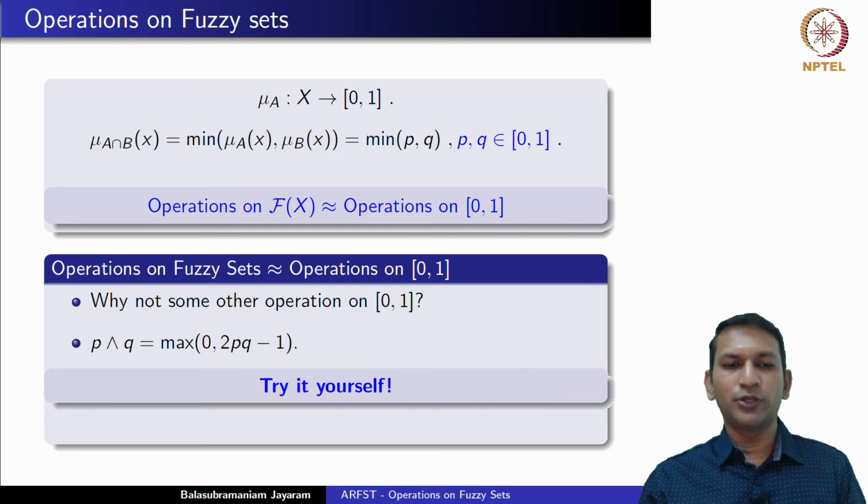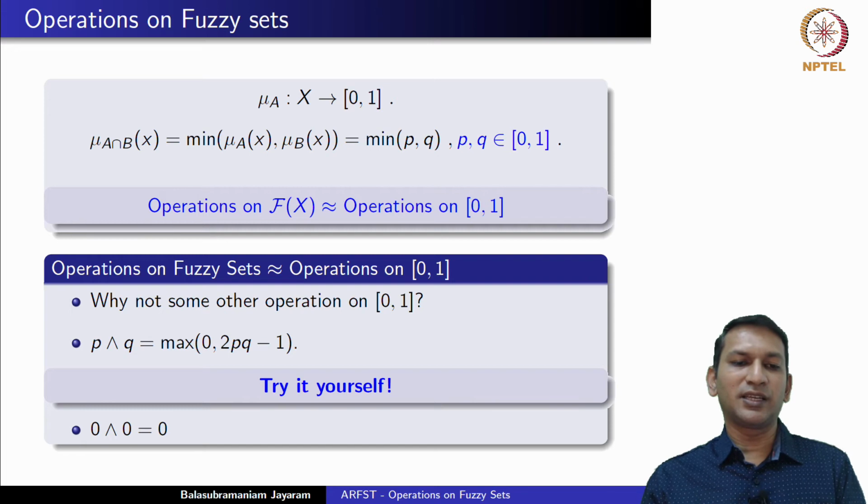Well, we hope you've had enough time to calculate the values for different P and Q. Let's consider zeros for both P and Q. When we substitute them here, it turns out to be max of 0, 0 minus 1, which is 0. So far, so good.